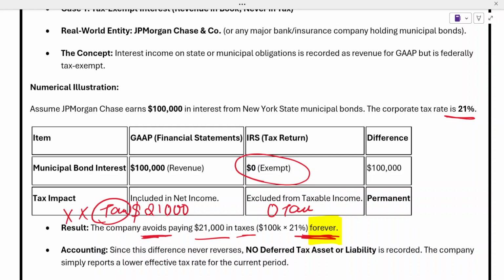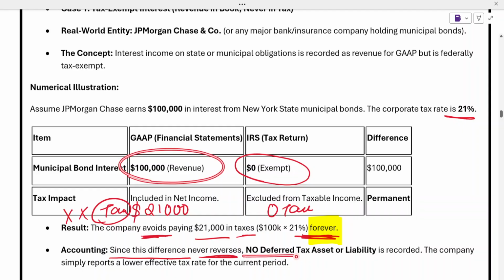Now, since this difference never reverses, that simply means you will never need to pay taxes on this income. No deferred tax asset or liability is recorded. Why? Because you don't need to pay any liability in future despite having this income in your books.